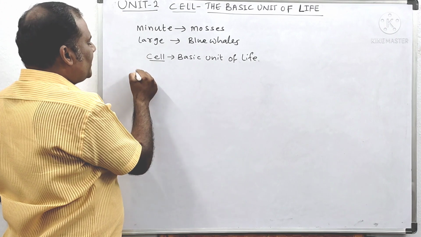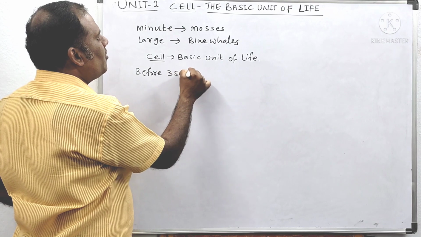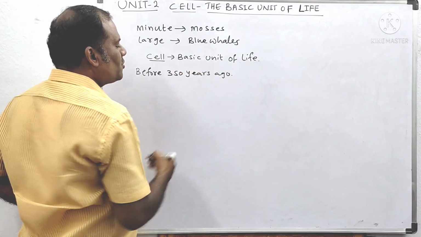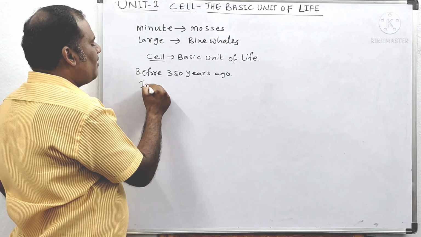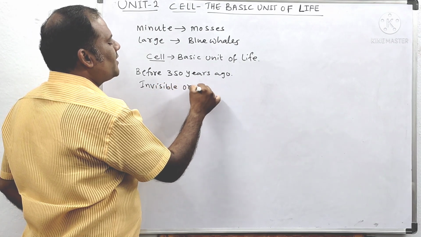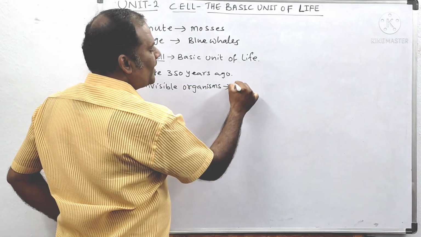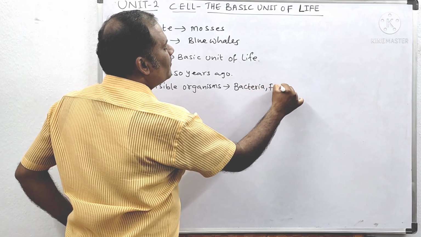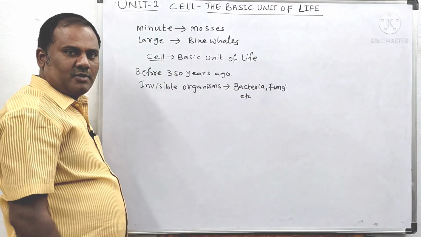Before 350 years ago, there were no microscopes. As there was no microscope, we couldn't see the invisible world of organisms like microbes: bacteria, fungi, protozoans, etc., which are not visible to our naked eye.